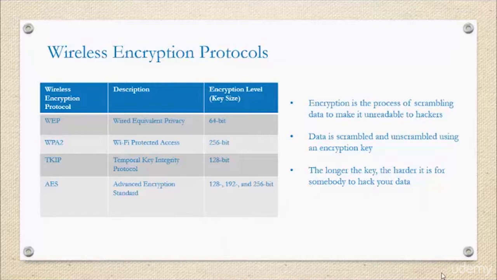So the longer the key, the harder it is for someone to hack your data. If you're using a 256-bit key, it takes a lot longer for a computer to try to hack your data and figure out what messages you've been sending back and forth. In contrast, the 64-bit key probably isn't going to be super secure right now.